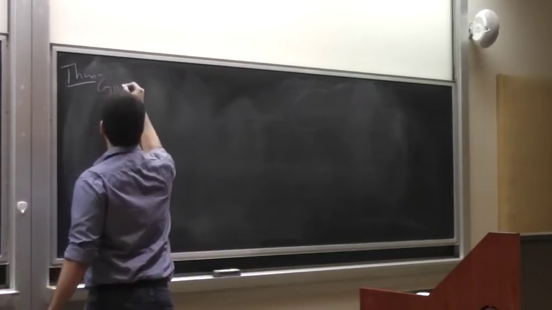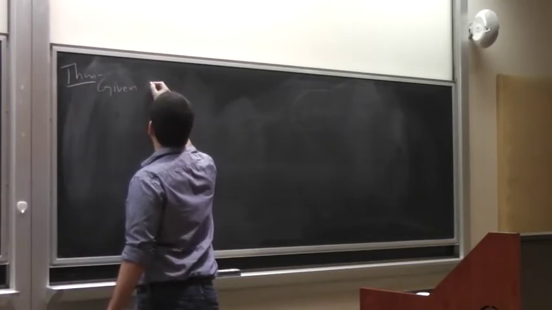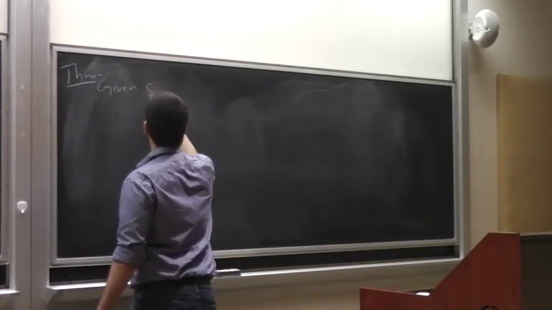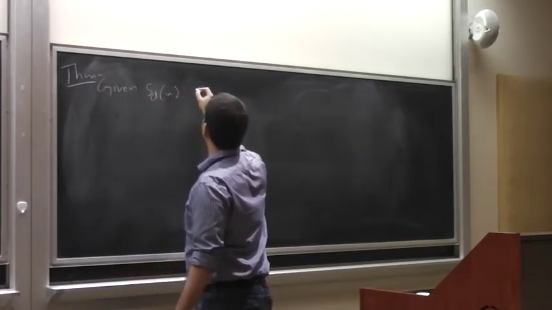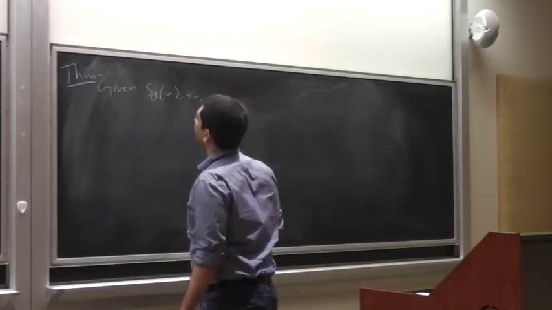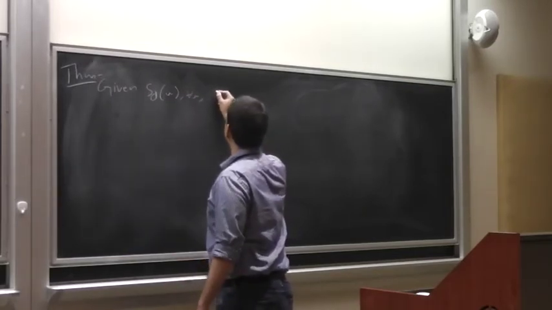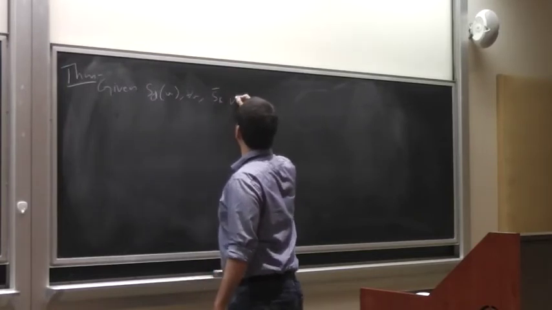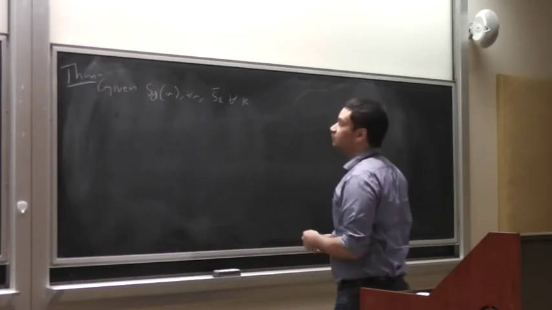Given the D series for all I, and given the starting sets, sk bar, for all k, so you're just gathering everything as an input for the theorem.